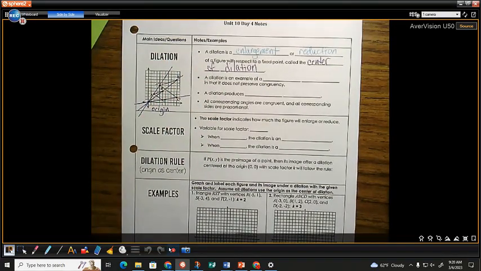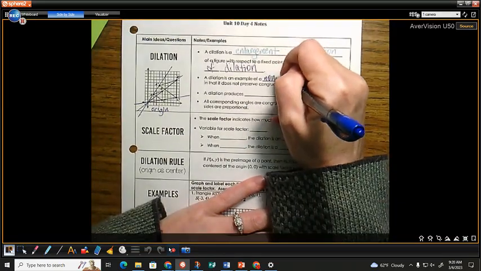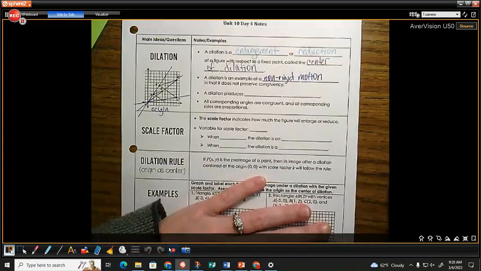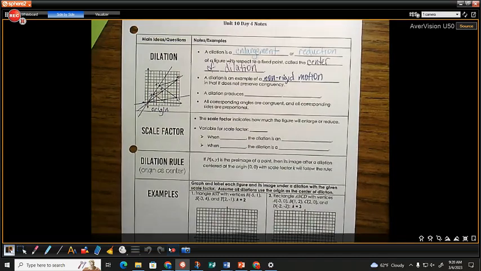To give you a hint, the one that did preserve congruency was a rigid motion. So what would be one that does not preserve congruency? A non-rigid motion. Wow, I know. You math guys are creative. Normally we come up with a fancy word, but alas, this time it's just not rigid.